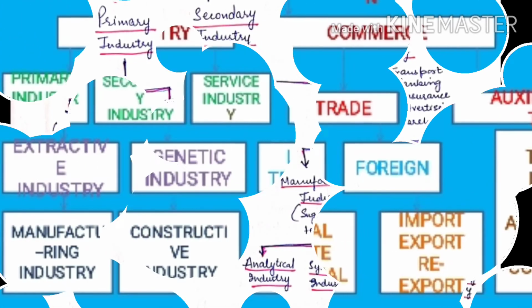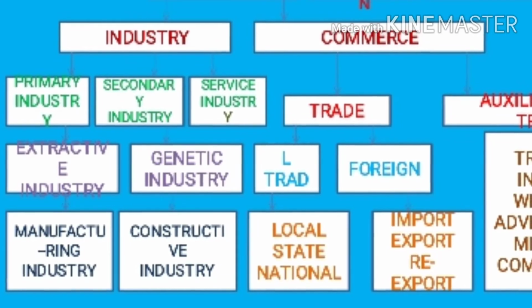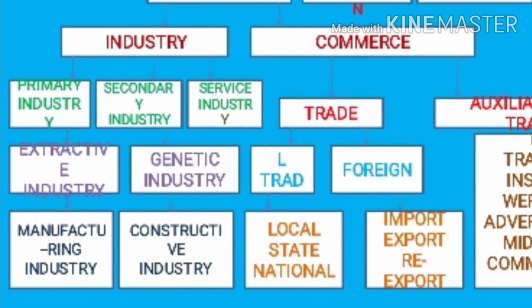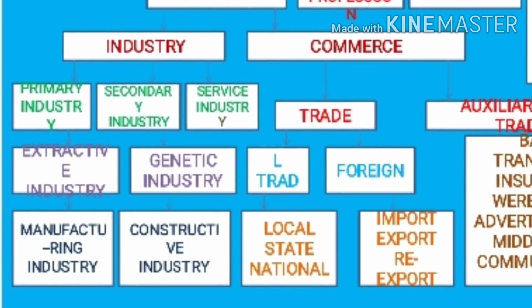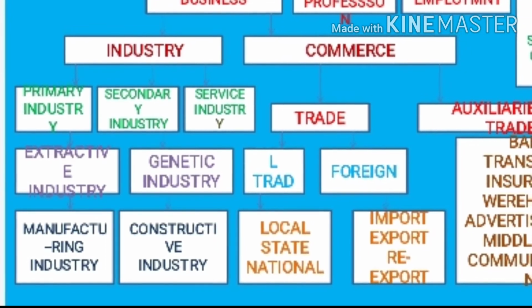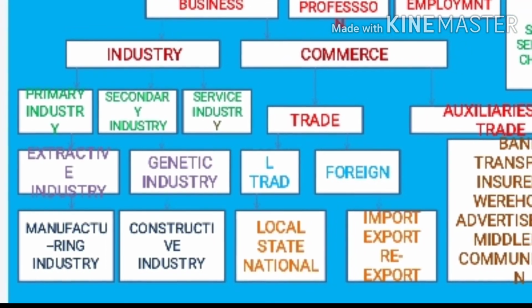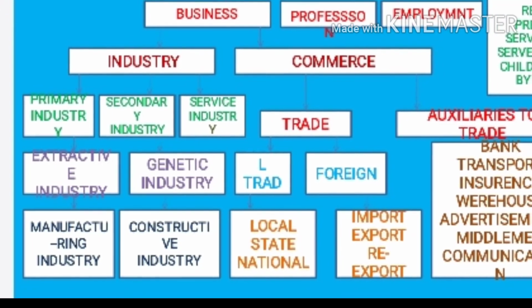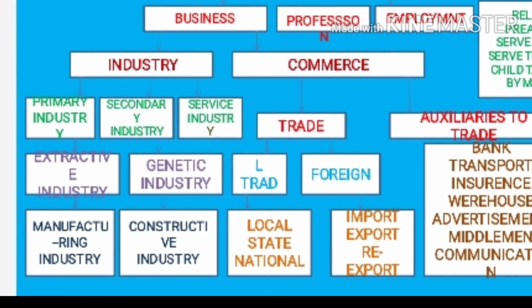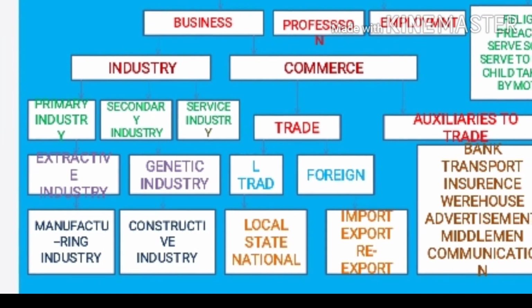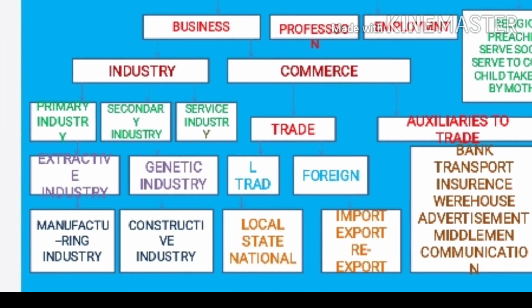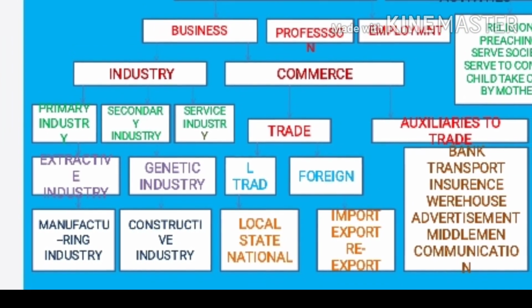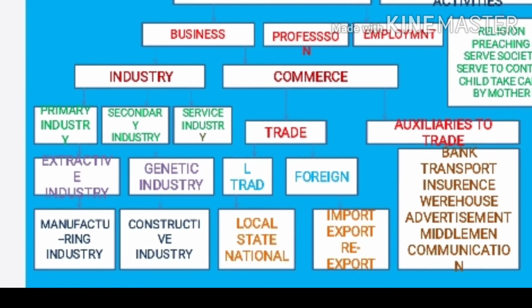Constructive industry deals in some kind of construction work by using the things produced by the other industry. For example, we construct buildings, bridges, roads, dams with the help of iron, brick, cement and wood. Tertiary industries are also called service industries, which help trade or business to move without hindrances or barriers.